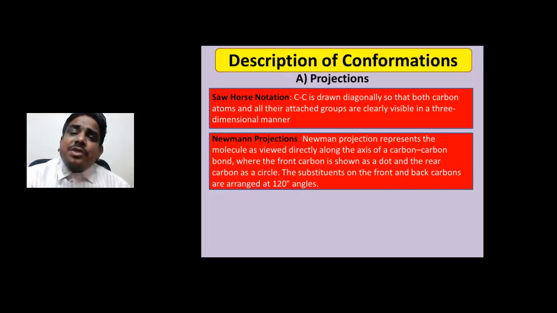The Newman projection represents the molecule viewed directly along the axis of the carbon-carbon single bond. Whenever we arrange the molecule along the axis of the carbon-carbon single bond in front of our eye, that projection is known as the Newman projection.